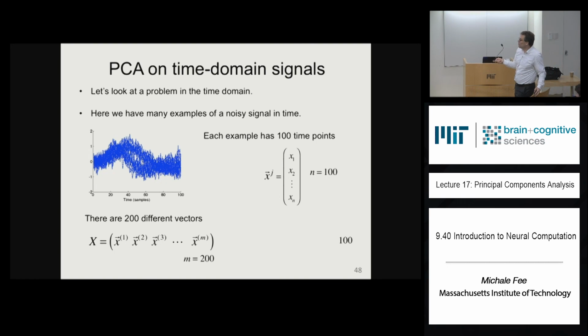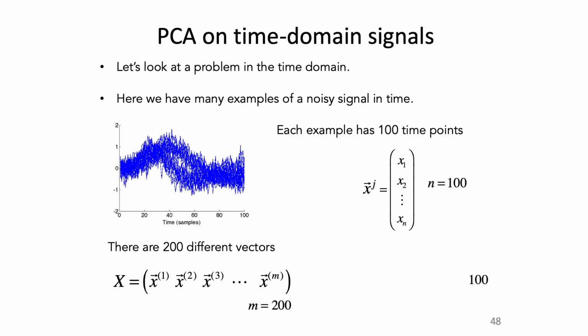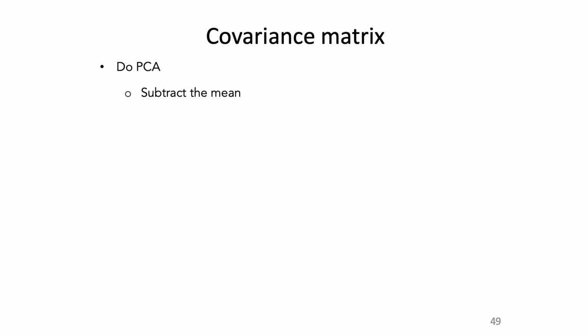Okay, so we have a data matrix x that has columns that are 100-dimensional, and we have 200 of those observations, so it's a 100 by 200 matrix. We do the mean subtraction. We subtract the mean using that trick that I showed you.